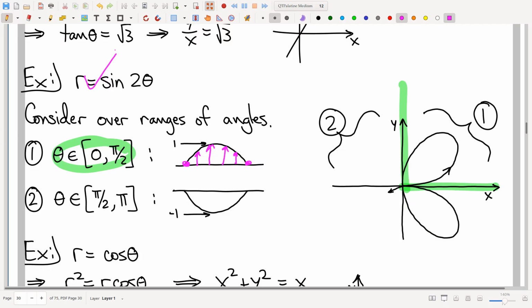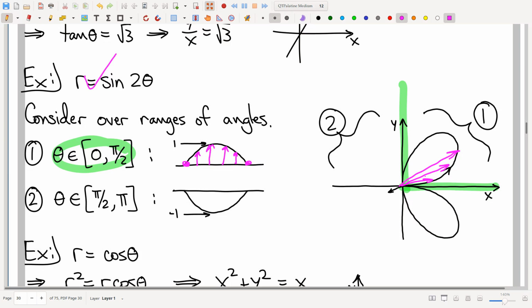Oh, you do your best. I'm not saying that this is exactly right, but qualitatively, as my angle increases, I go further out, and it just kind of has to do something like that. What else could it do? Smaller angles, shorter distance. As the angle increases, I go farther.